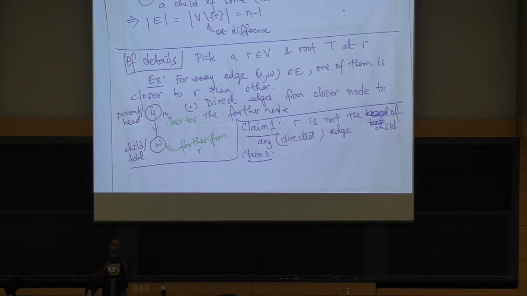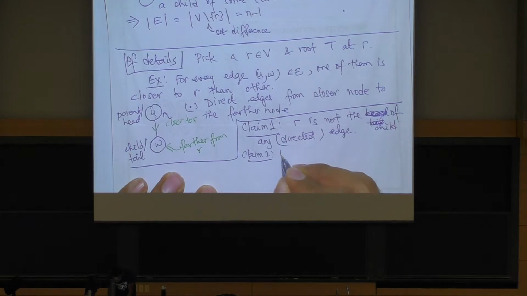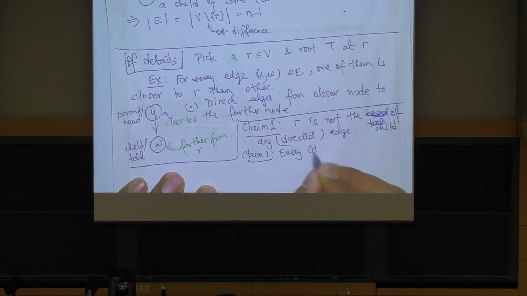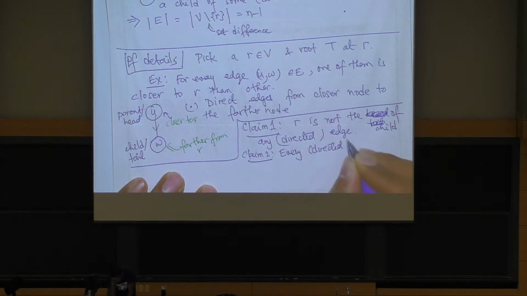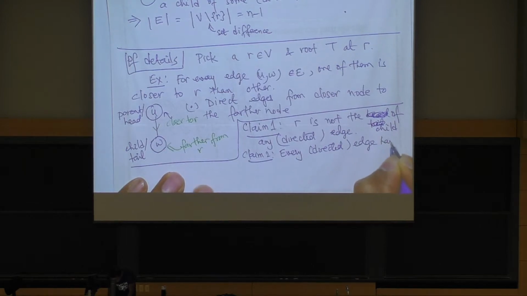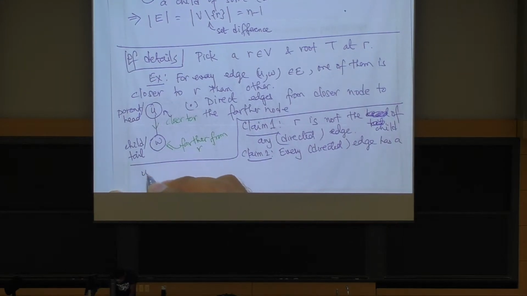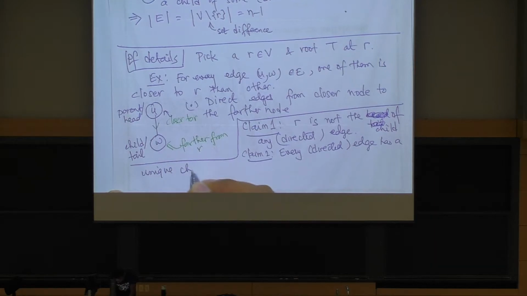That way I'm sure I'm on the correct notation. Sorry about that. The second claim is every directed edge has a unique child.